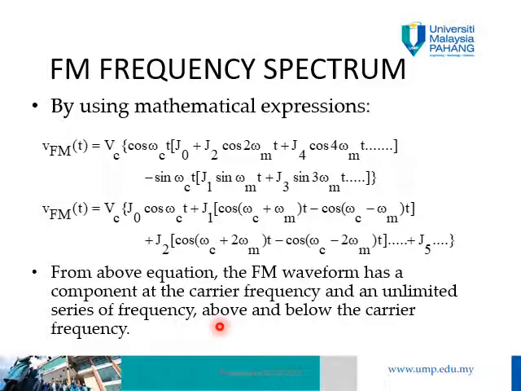Above the carrier frequency are the positive ones: ωc + ωm, ωc + 2ωm, and so on. Below the carrier frequency are the negative ones: ωc − ωm, ωc − 2ωm, and so forth.